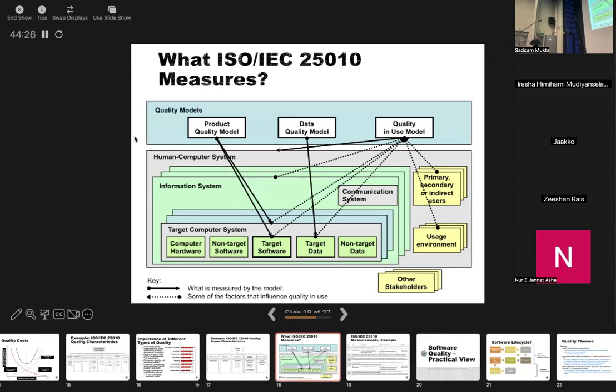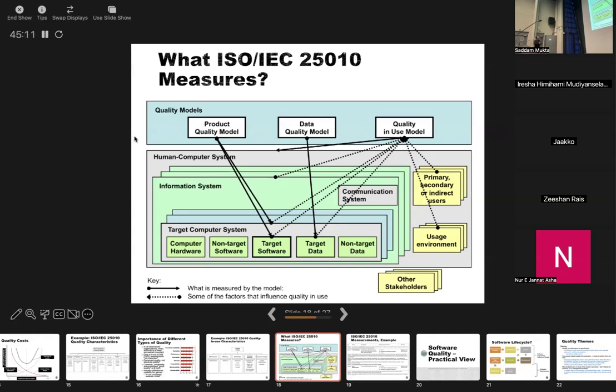We can see later that we have the target computer system, which has some entities: network, non-targeted software, targeted data, and non-targeted data. This is our targeted computer system with which the user actually interacts. And the information system is this target computer system and data. When we use all of these things as an ecosystem, we can say this is one information system.